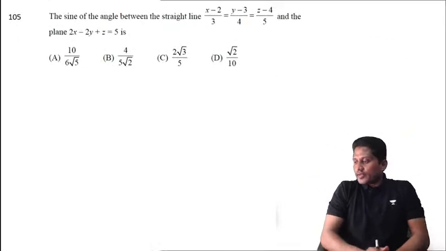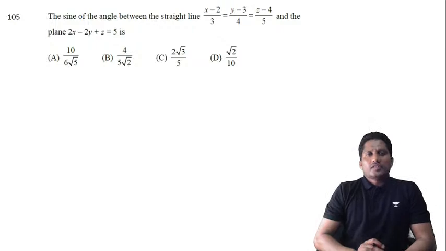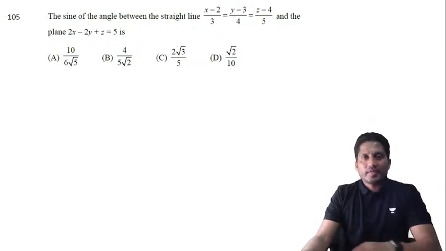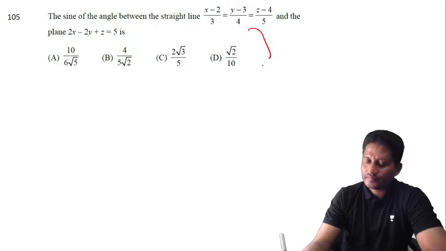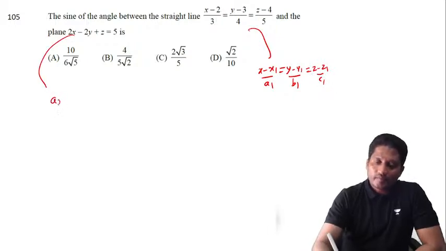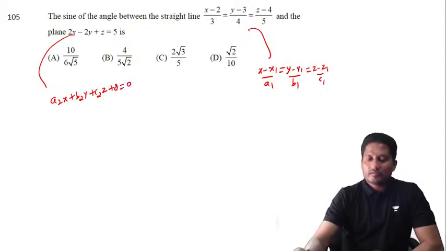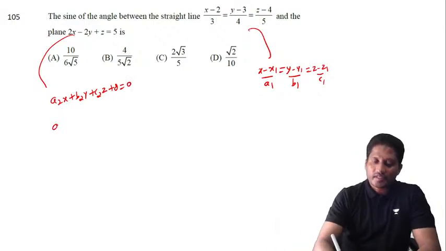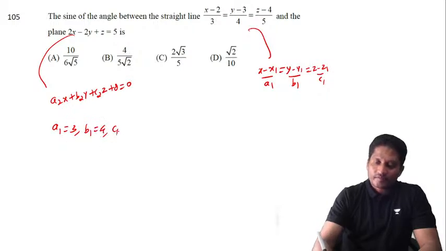Question number 105. The sine of the angle between the line and the plane. The line is of the form x minus x1 by a1 is equal to y minus y1 by b1 is equal to z minus z1 by c1. The plane is of the form a2x plus b2y plus c2z plus d is equal to 0. So the drs of the line is 3, 4 and 5.